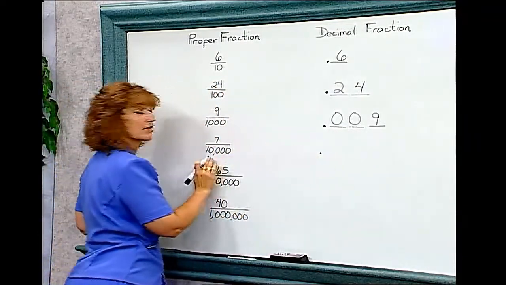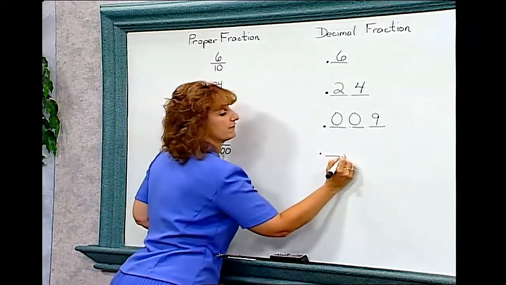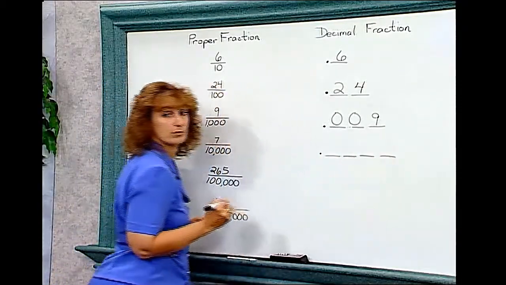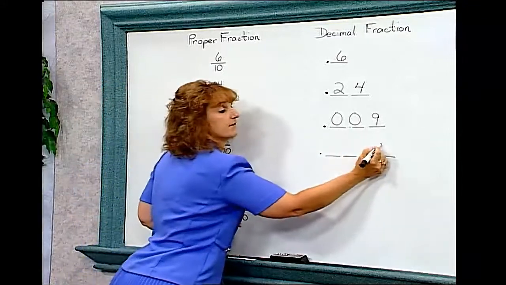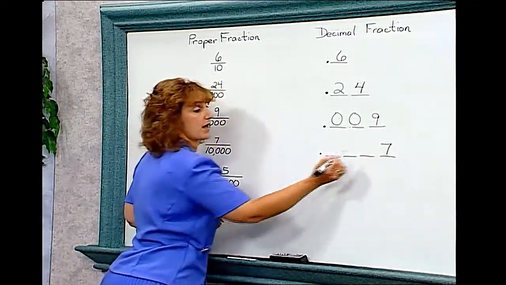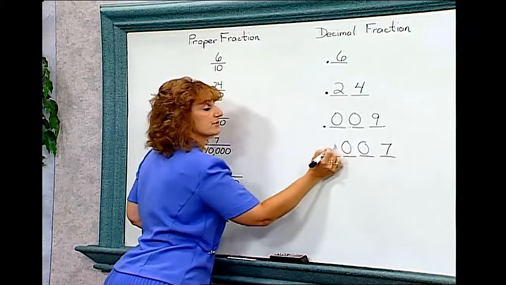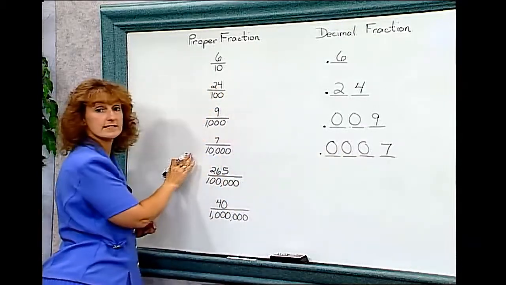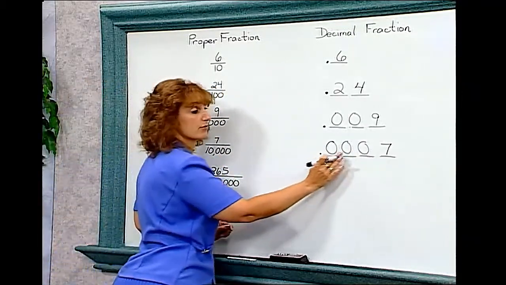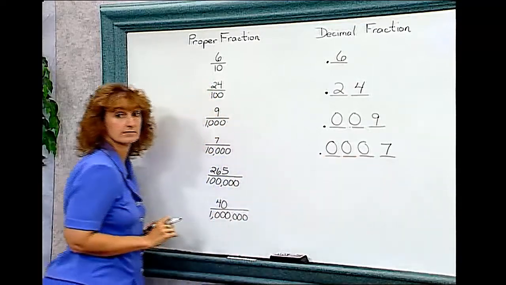Since 10,000 has 4 zeros, we need 4 places after the decimal point. We'll put the 7 in our 10,000ths column and use placeholder zeros. So 7 10,000ths is 0.0007.